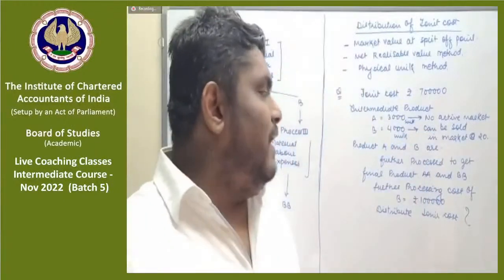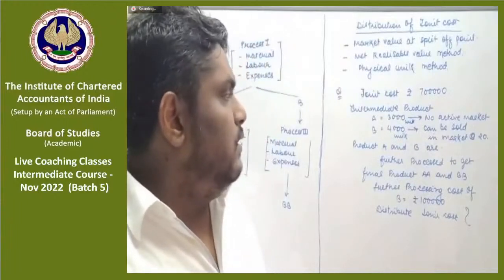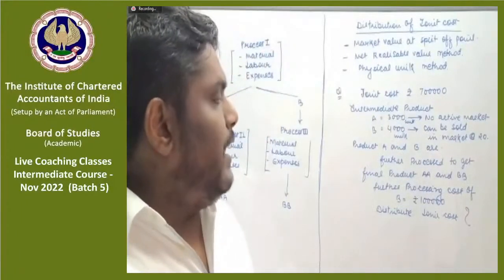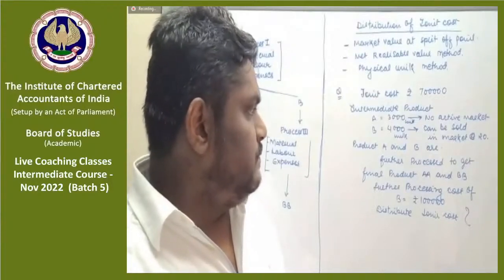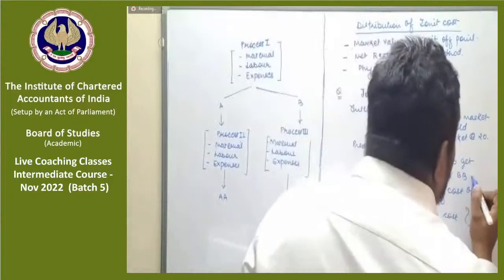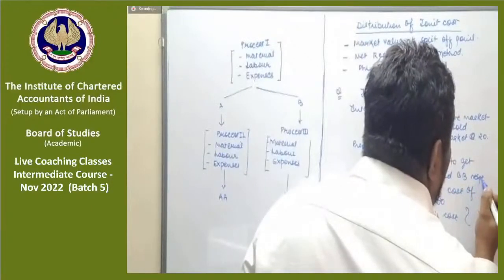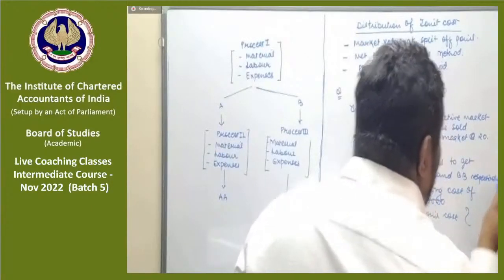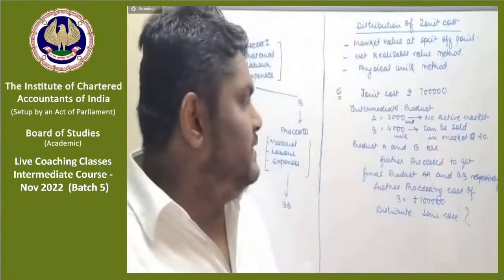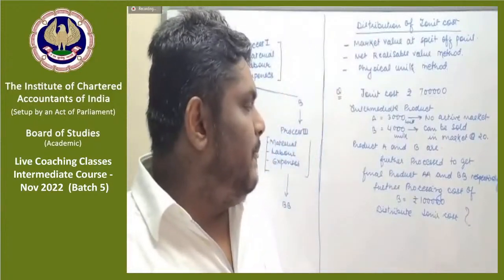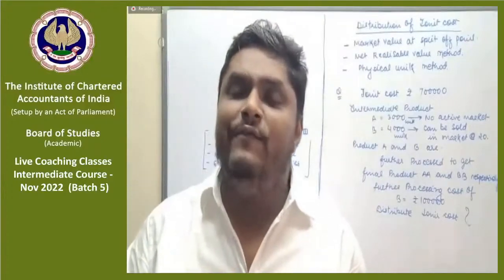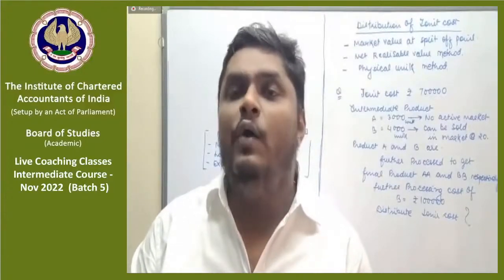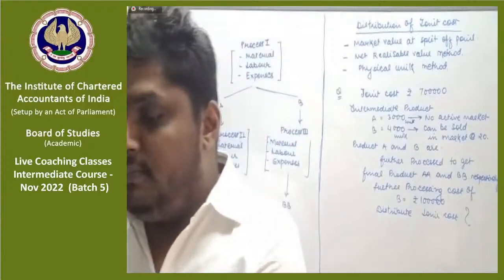A and B are further processed to product A and double B respectively. Further processing cost of B is given, that is 1 lakh. Distribute the joint cost. I am waiting for your final answer, how to distribute the joint cost.